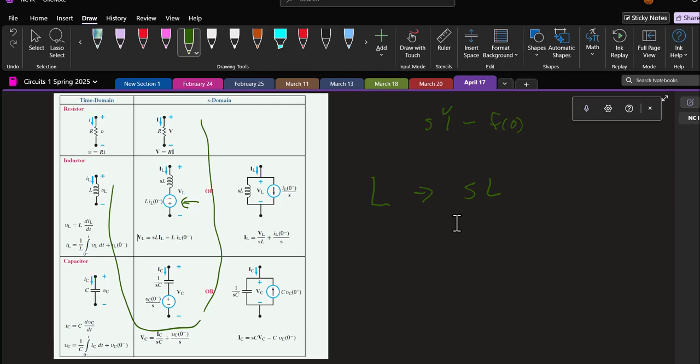So if you take a capacitor, it turns into 1 over SC.